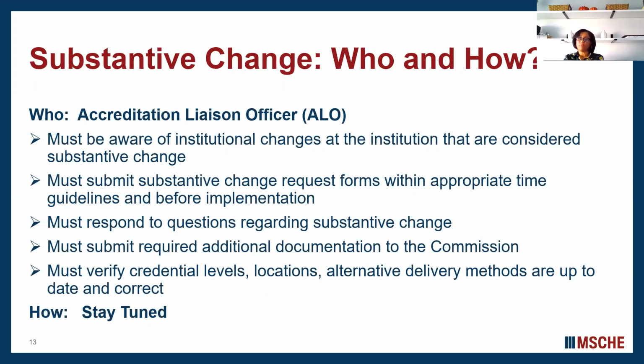The ALO submits the substantive change requests and responds to questions from the staff and reviewers, as well as responds to requests for required additional follow-up documentation. The ALO is also responsible for verifying that information about the institution is correct in the institutional portal and the MSCHE website. I will go into more details on the how throughout this workshop.